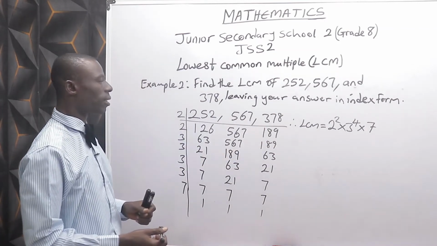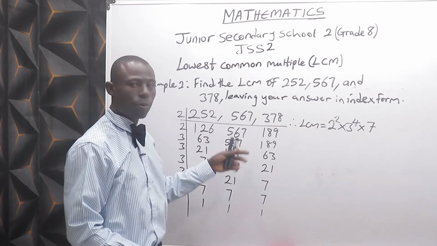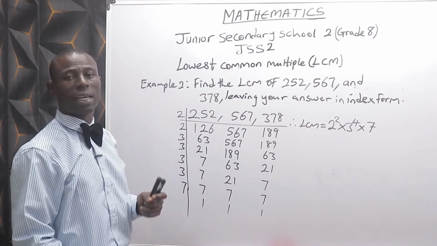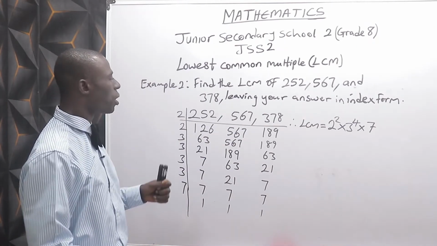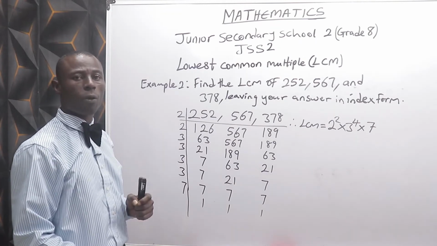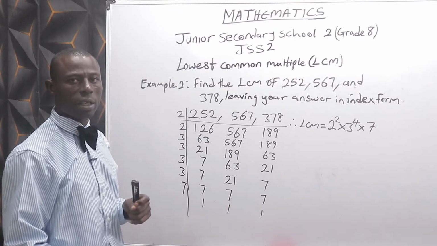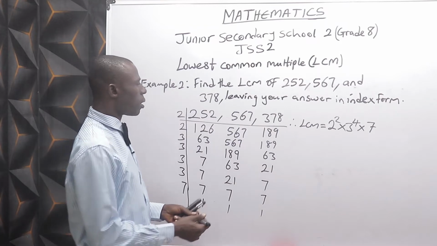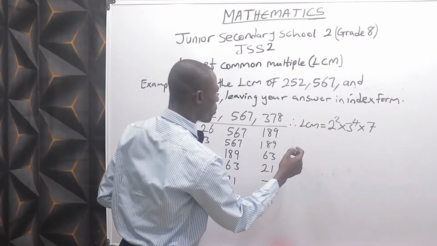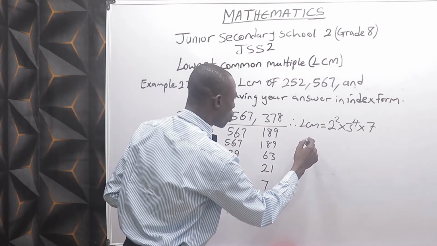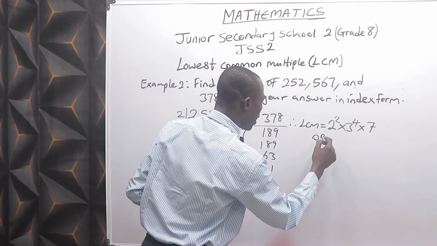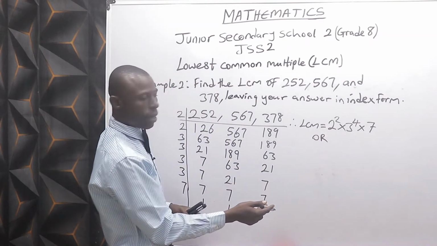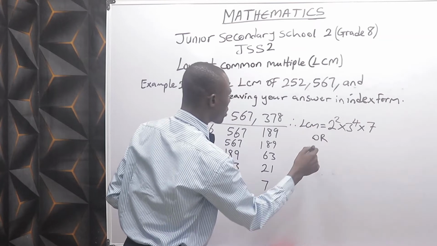So that is it. Let's consider this same question using the second method, which is the method of product of prime factors in index form. Let's manage this little space. In that method, I put all here for you to demarcate them.